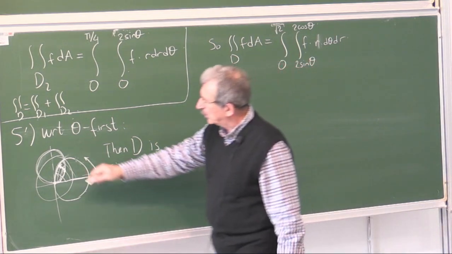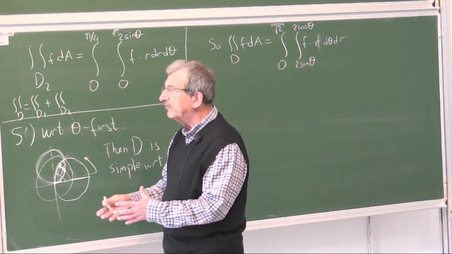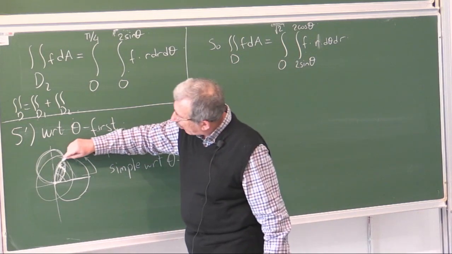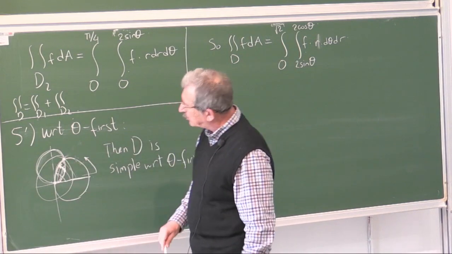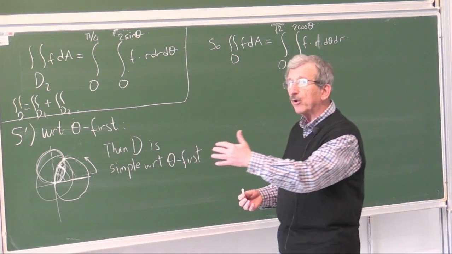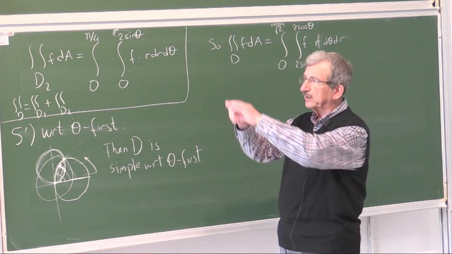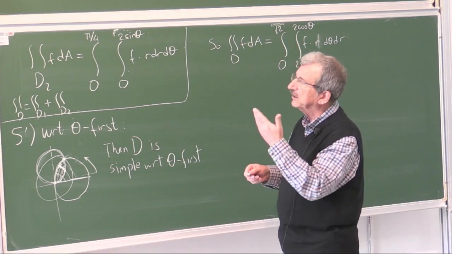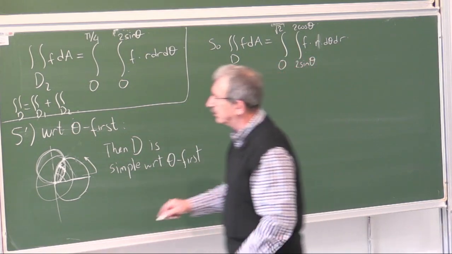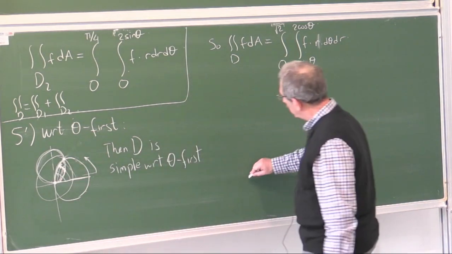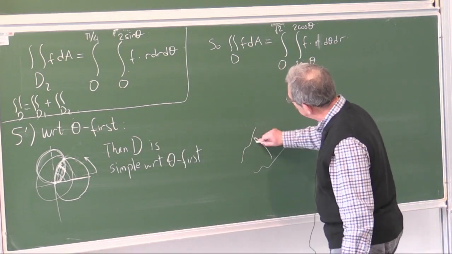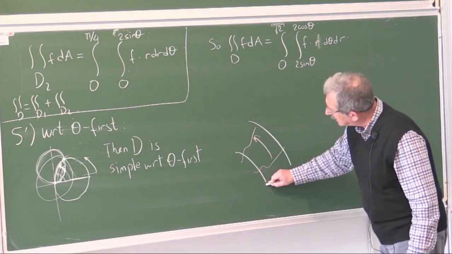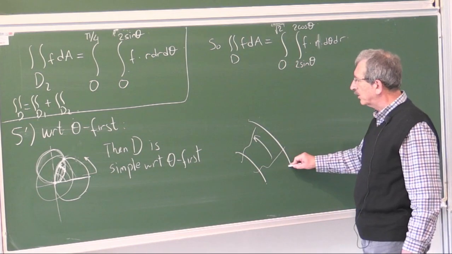Of course, this becomes a simple region with respect to theta first, because these 2 points could be separate points, connected by an arc, but they coincide. As in the previous case, we have 2 coincidences here, namely, we have our theta changing this way, and our r changing from this circle up to this circle.